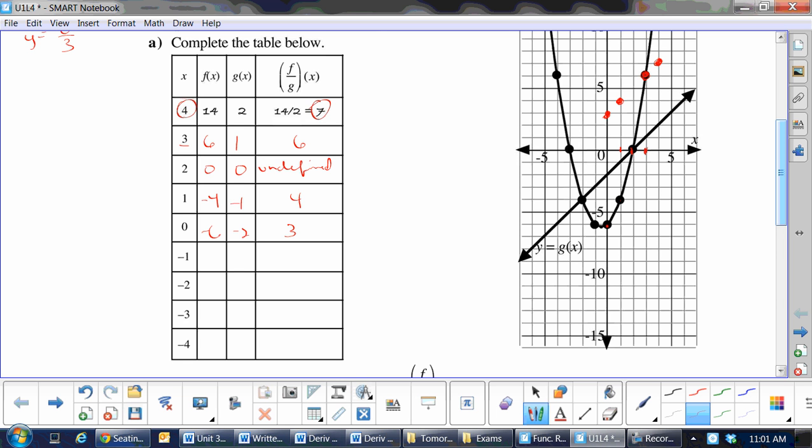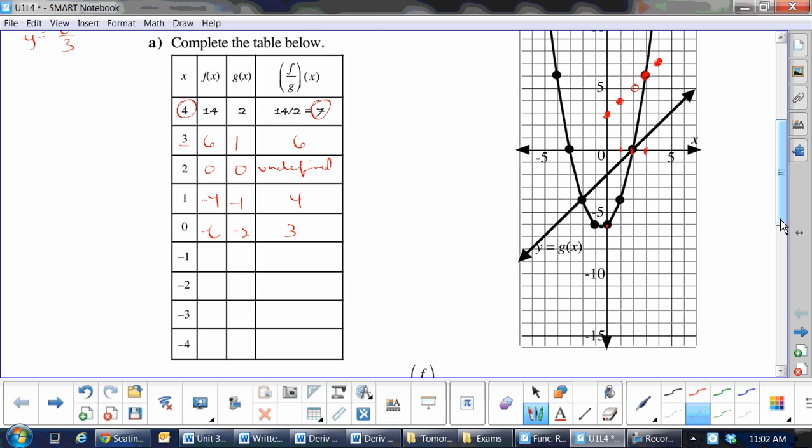Now, the new thing is, what am I supposed to do with that undefined? So undefined actually gets one of these. The reason I know it is there is because I'm seeing a pattern. So when I was dealing with x equals 2, I'm going to put it within the pattern.